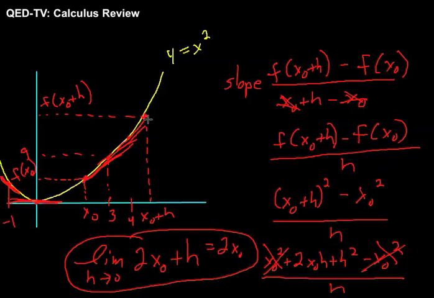And you just need to see what happens to the slope of the equation. You put in your rise over run. And what happens to that equation as your h, or your delta x, gets smaller and smaller and smaller to 0? What is the limit of the slope as the h gets to 0? And then that will be the equation for the slope of the line that you need there.